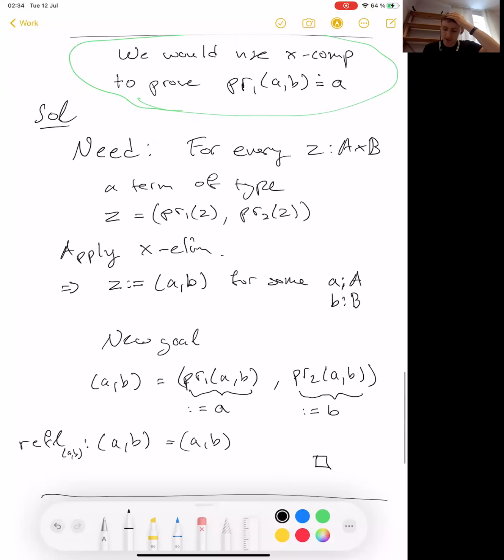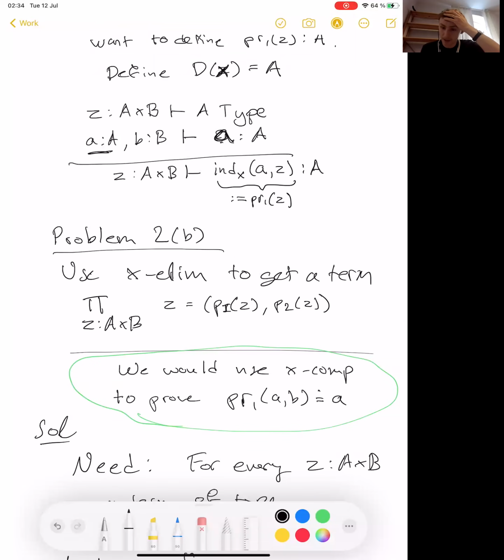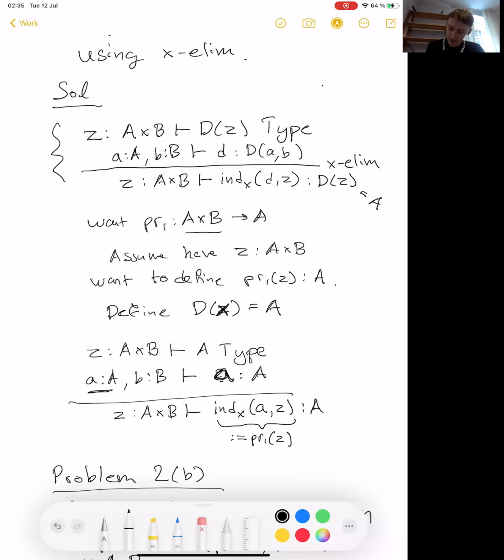What I'm saying now is that you can always replace any z by a comma b. I don't want to use any fancy words now. You can't prove this in general, it's just sort of a heuristic. The computation rule just tells you that whenever you have a type depending on z, you can always replace z by a comma b.